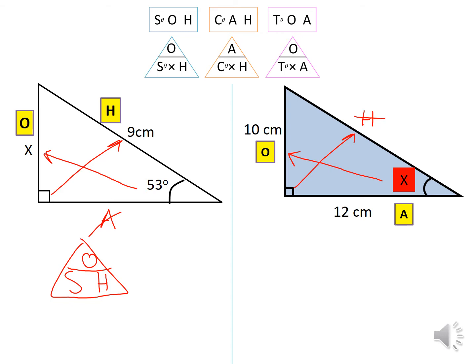So we're using opposite and adjacent. So which one of the 3 trigonometry formulas above have opposite and adjacent? That is the tangent ratio. So you're going to be writing down SOH CAH TOA, and these are your trig formulas.